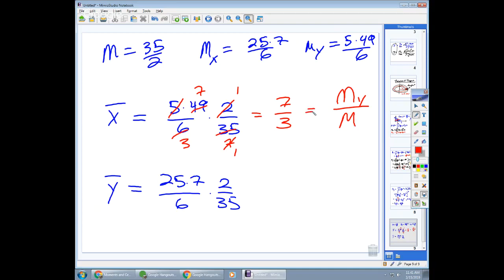And similarly, y bar is the moment about the x divided by the mass. Okay. 7/3 center X, 5/3 center Y.